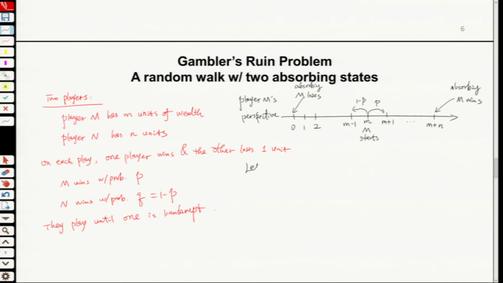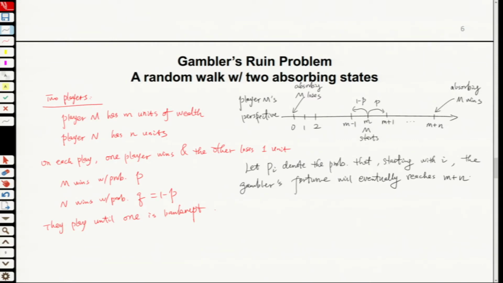So now let's do the derivation. Let Pi denote the probability that, starting with I, the gambler's fortune will eventually reach m plus n.